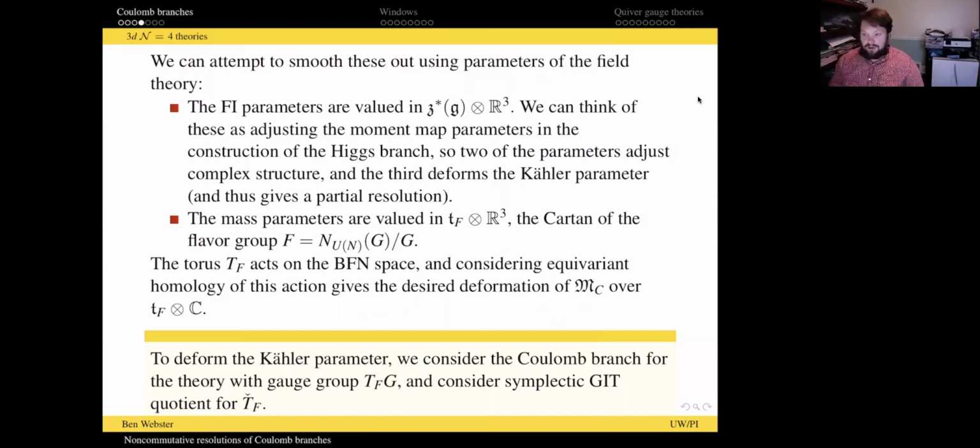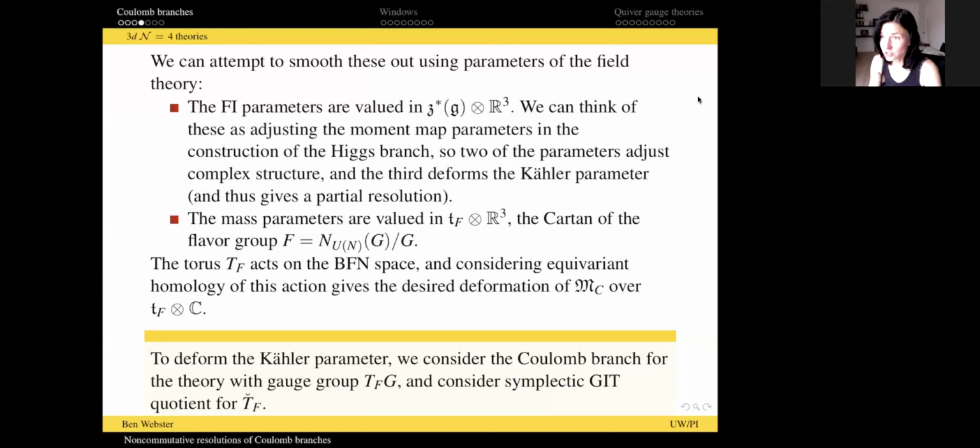In particular, moving 2 of these, a C's worth of parameters, changes the complex structure, and will often turn this into a smooth affine variety. And the third one does, from the perspective of algebraic geometry, a resolution of singularities and varies the Kahler parameter of that resolution of singularities.